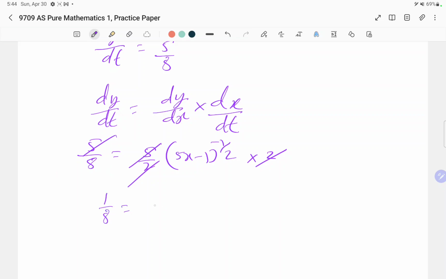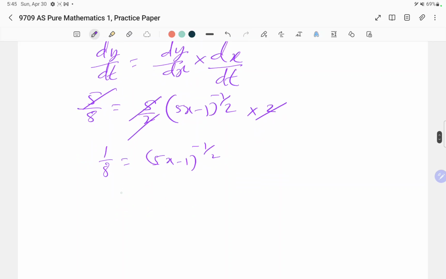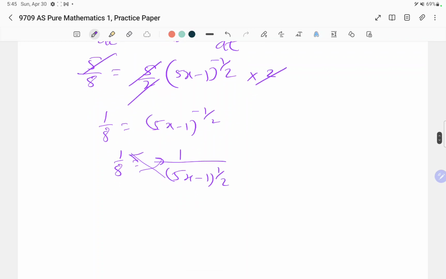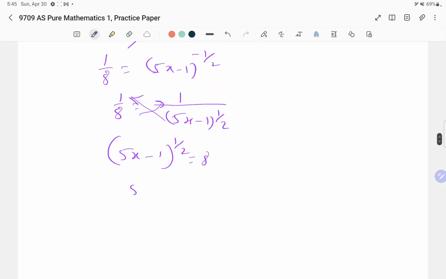So 1 over 8 equals 5x minus 1 to the power minus half. Then 1 over 8 equals 1 over 5x minus 1 to the power plus half. Then cross multiplication: 5x minus 1 to the power half equals 8.